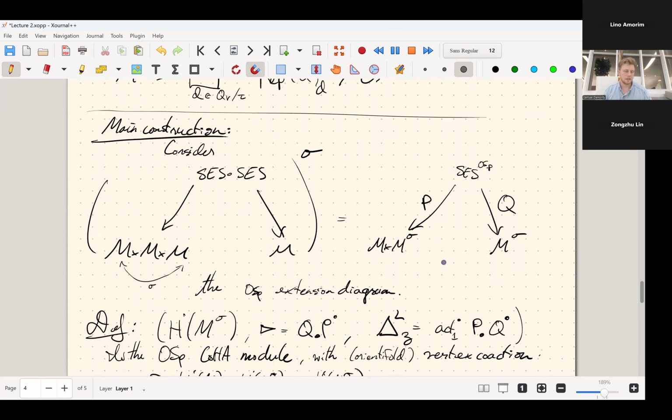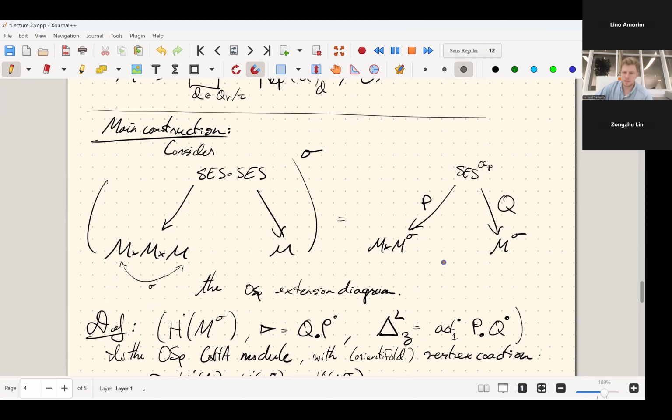And then we take fixed points under the map that exchanges the first and third factors and acts via our anti-involution, and acts via the involution on the middle factor and therefore also on the last factor. And then does the only thing that you could do on the roof of the diagram to make everything compatible.